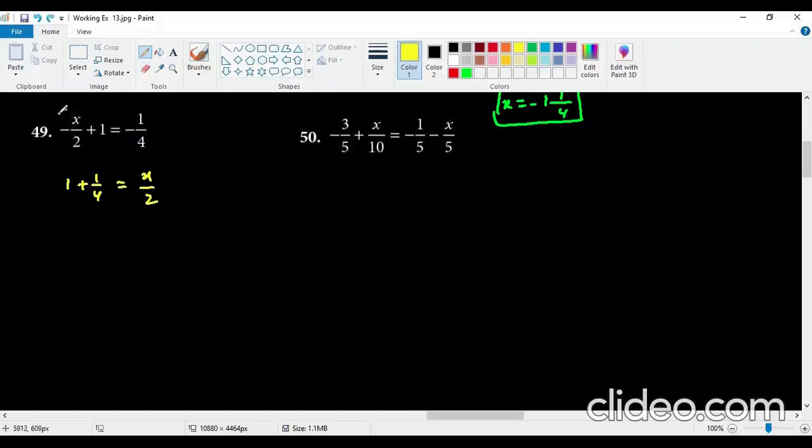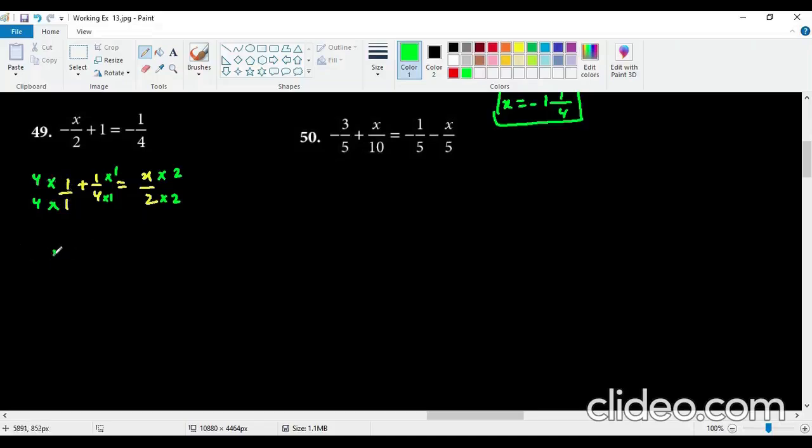And this negative x over 2 is going to go other side and becomes a positive x over 2. Now, in here we have fractions. So I will make 1 as a fraction, 1 over 1. Now in here, I will make the denominators equal. 1 times 4 is a 4, 4 times 1 is a 4, and 2 times 2 is a 4. I'll multiply the numerator also by the same number and see what happens.